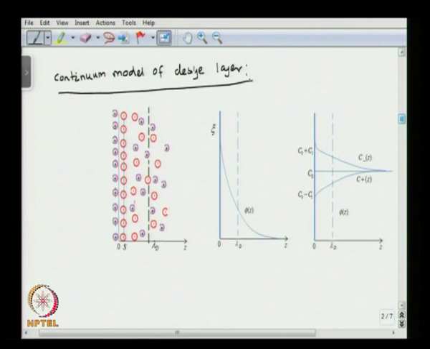Okay. So here we consider a positively charged surface. So the surface is positively charged, okay, as you can see here. So it has got positive charge.